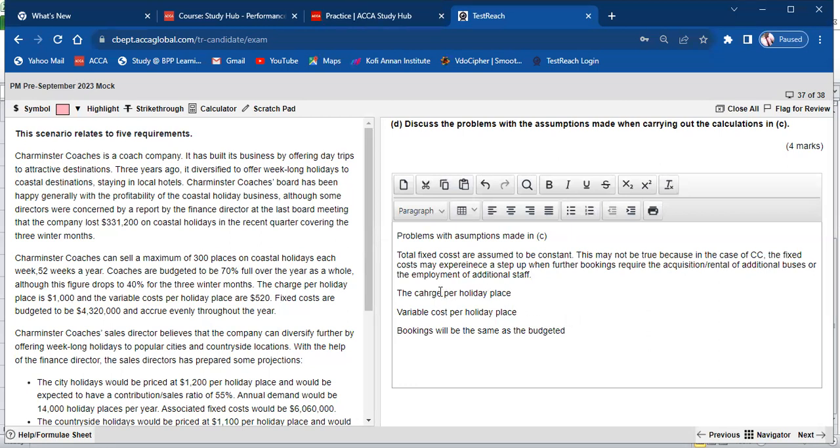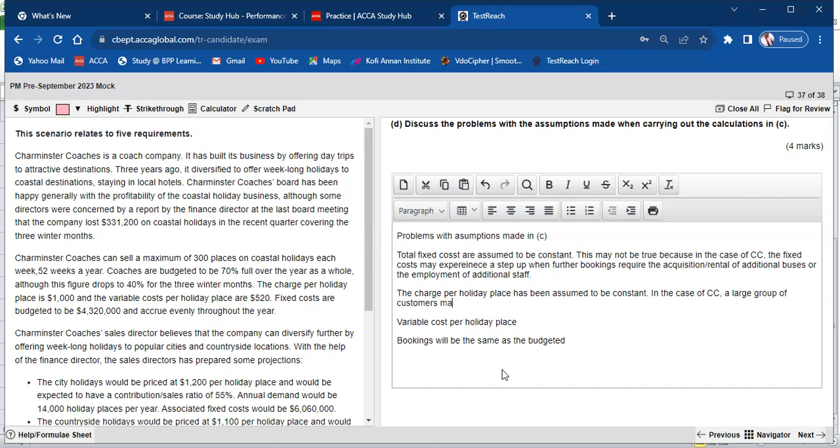The charge per holiday place has been assumed to be constant. In the case of CC coaches, a large group of customers may ask for a discount, say during the winter season.